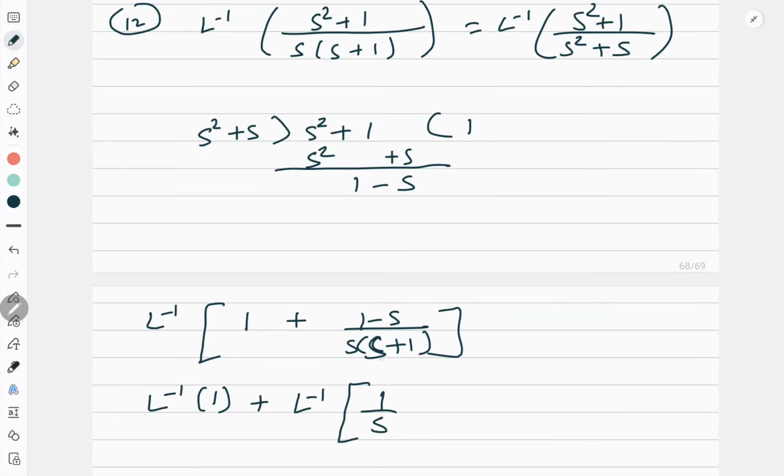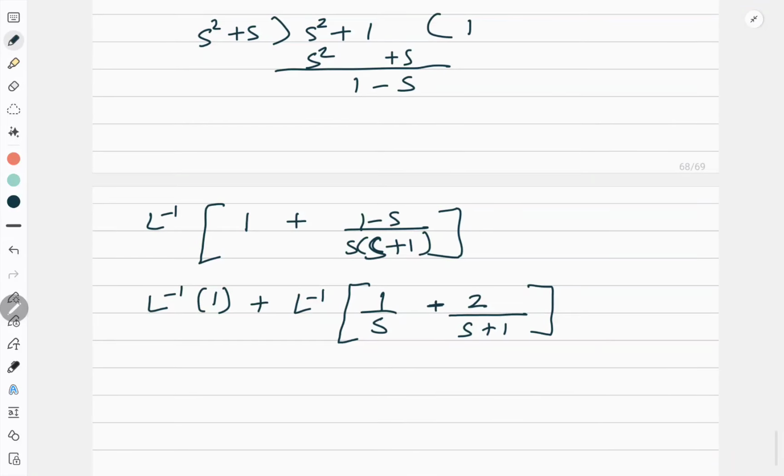Okay, plus then I'll put s = −1, which will give me 2 in the numerator and −1 in the denominator, so −2/(s + 1). Correct? Now Laplace inverse of 1 is the direct delta function, plus Laplace inverse of 1/s is 1, plus 2e^(−t).